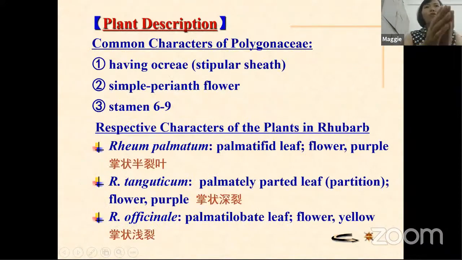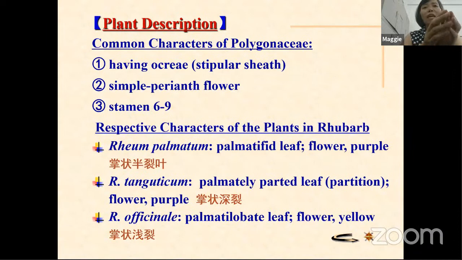Now let's introduce plant morphology. The common characters of the plants in this family are: simple arranged flowers, stamens 6 to 9. But different plants have different morphology.